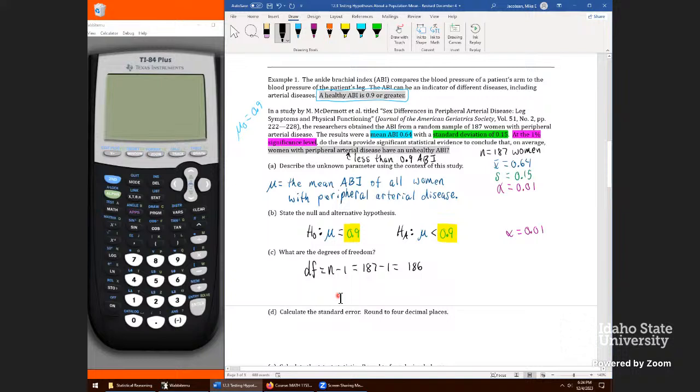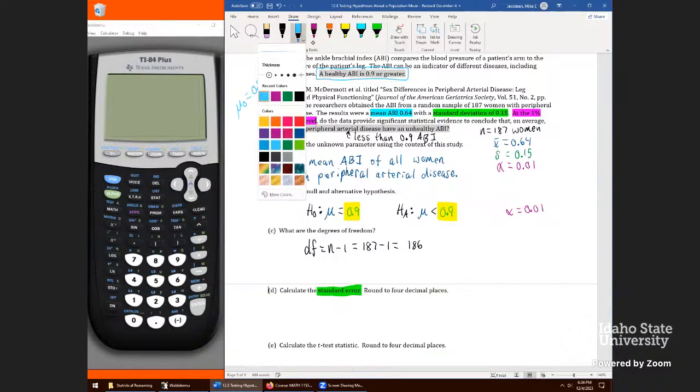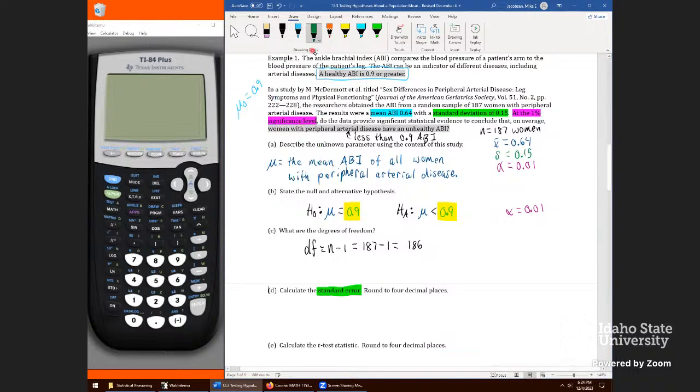So now that we have that, we're down to the standard error next. Usually we color code the standard error in green. And in this problem, you could call it just SE for standard error, but it pays to be sometimes descriptive because we have like 3 different formulas for standard error so far. We're doing the standard error of, if you see a mu in your hypotheses, it would be for the sample mean X bar.